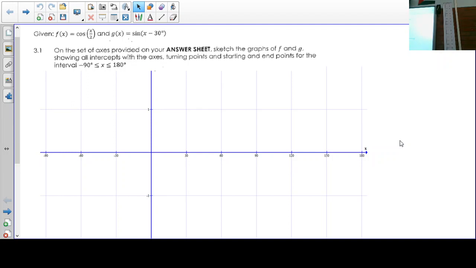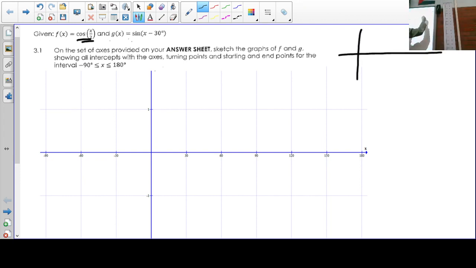The first one, if I look at cos x over 2, the basic cos graph does that in 360 degrees. That is 1 and minus 1. That is cos of theta or cos of x, whatever. By putting a half in front of the x here, that means you're dividing your period by a half, not so. So your period now goes from 360 to 720.